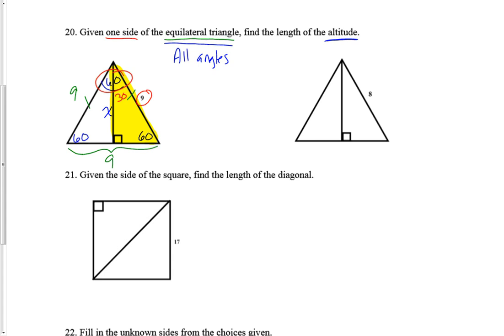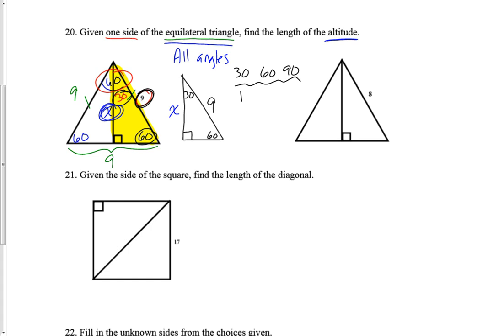So what I'm going to do to help myself out is I'm going to draw just the highlighted triangle that I have all by itself. Now I know this is 90, this is 60, this is 30, and I know my 9 is right here. And again, my x is this. So now I have a 30, 60, 90 triangle.